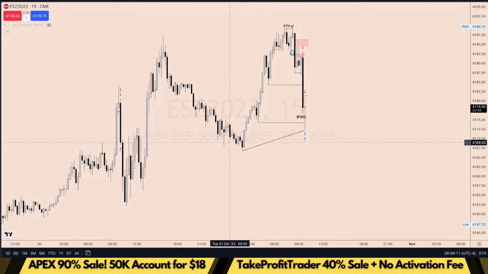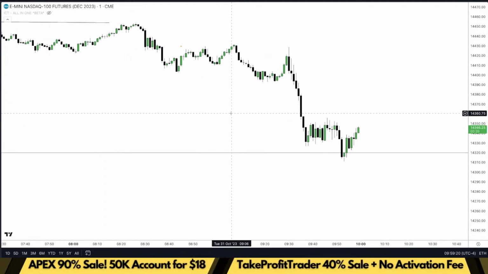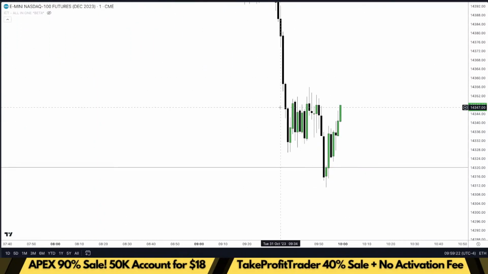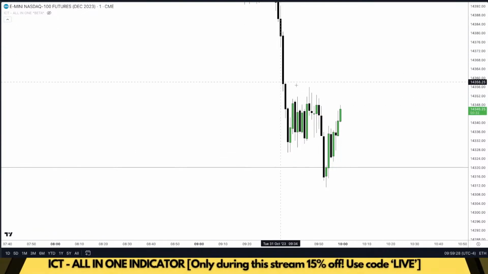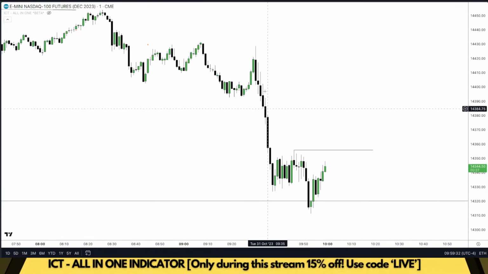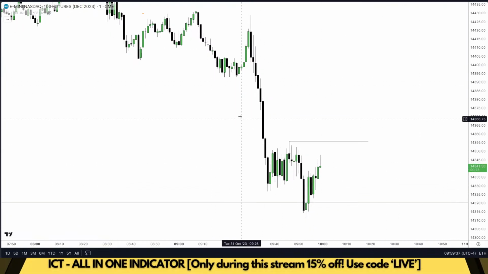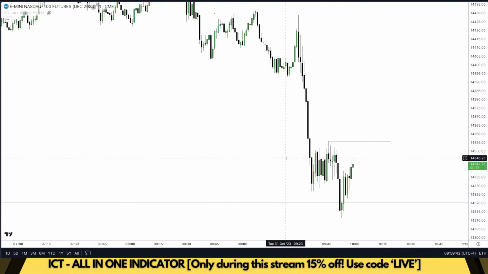In my opinion, it would be NQ, because NQ took out this low right here, and ES still potentially could do so. NQ here already raided this major sell-side liquidity pool, and if we get above this high right here on NQ, we could call it a market structure shift for a potential retracement into our 9:30 opening range. And in this scenario, NQ would be the weaker one with the SMT divergence because NQ took that sell side liquidity.